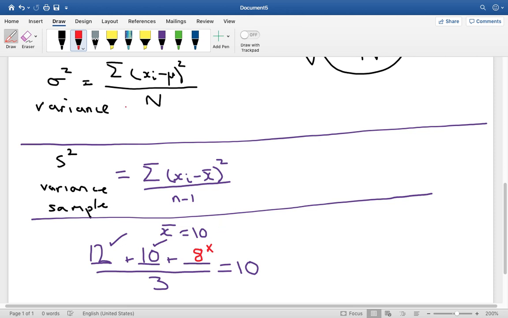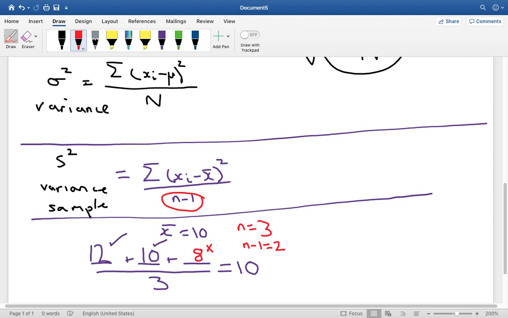So even though in this case I've got n equals 3 pieces of data, 1, 2, 3, I'm only free to actually choose n minus 1 of them, which in this case 3 minus 1 is 2. I'm only free to choose 2 of them. So this is why we divide out by n minus 1.